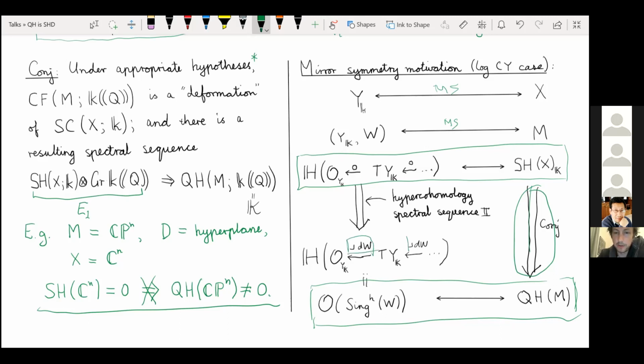So you turn on a differential. So you can see how this is a deformation of the complex on the top. And this is, by definition, the ring of functions on the derived singular locus of Y.